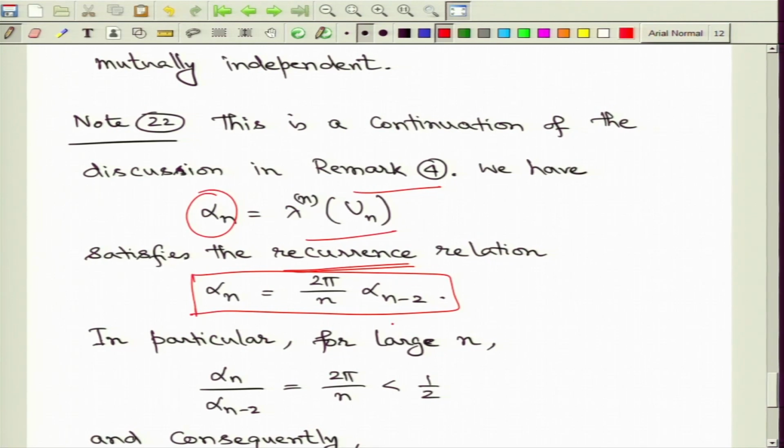Now, using this recurrence relation for large n, what we observe is that this ratio alpha n by alpha n minus 2, which is exactly 2 pi over n, can be made small, say smaller than half.